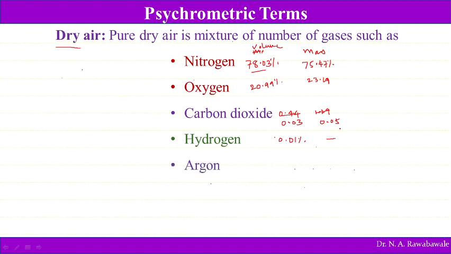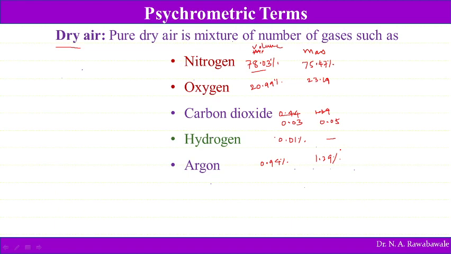Then argon is present. Argon is 0.94% by volume and 1.29% by mass. So this is the composition of dry air.